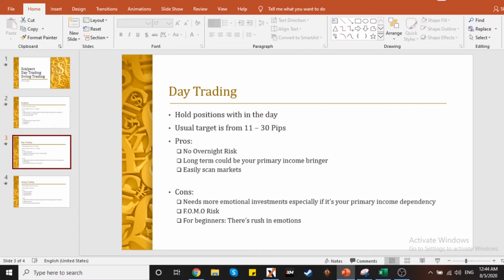Day traders, to me, are the type of trader that can easily scan markets. Kasi nga, unlike scalpers, usually isa lang, dalawa lang yung pinagfo-focusan nila na currency pair. Pero pag day trader ka, you scan markets, you look for your trade setups.